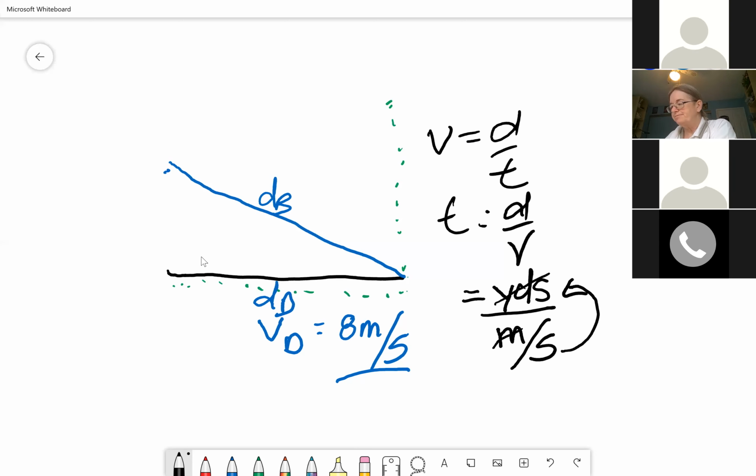And you can either plug that in if you don't want to think about it. There's all sorts of conversion tools on your phone, and you can also look up the conversion factor. They give you meters to feet, so you actually have to multiply that by 3, because there's 3 feet in a yard.